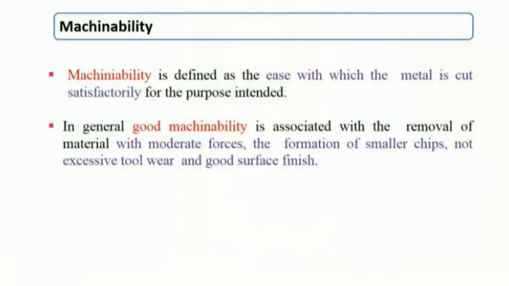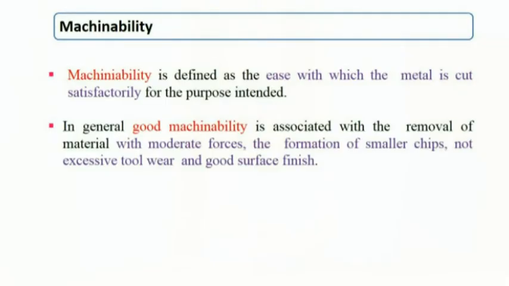It is a comparative index. It gives a comparative idea of the workpiece material you are working with, with respect to some other standard material. So we can define machinability as the ease with which metal is cut satisfactorily for the purpose intended. So that is machinability.